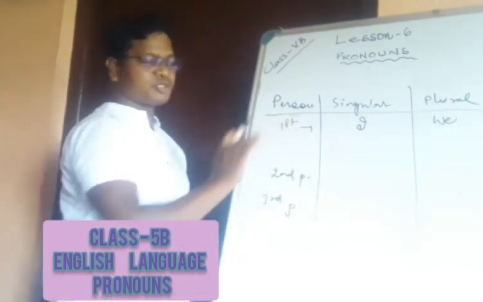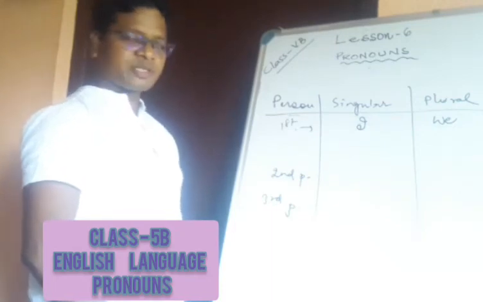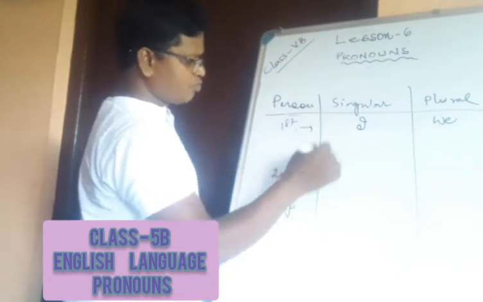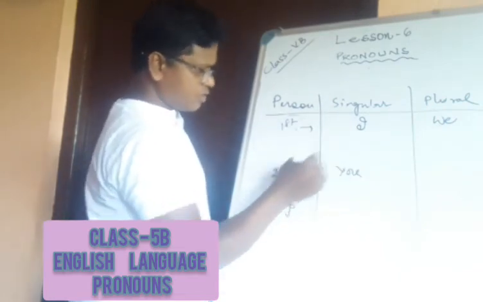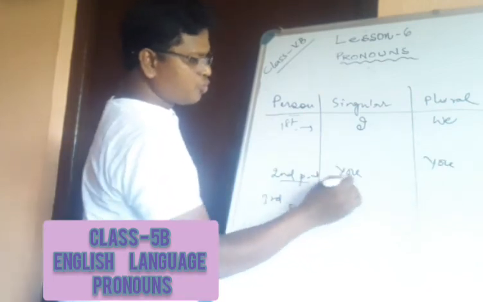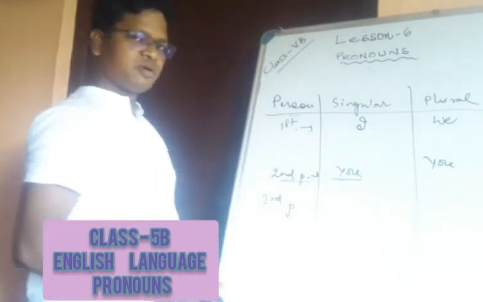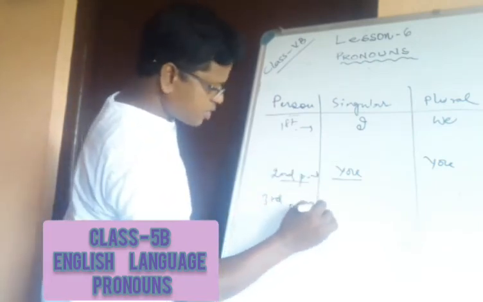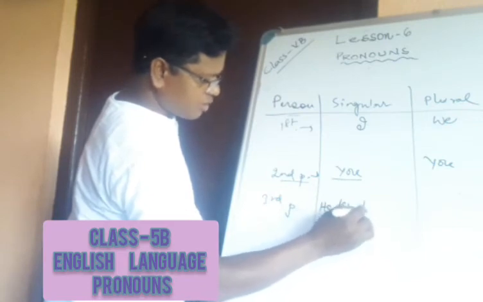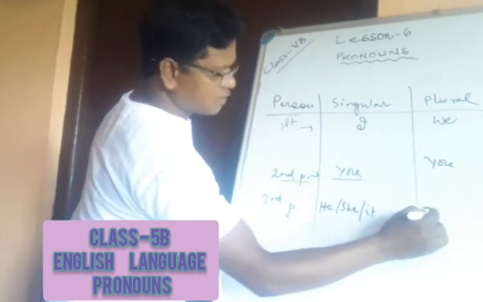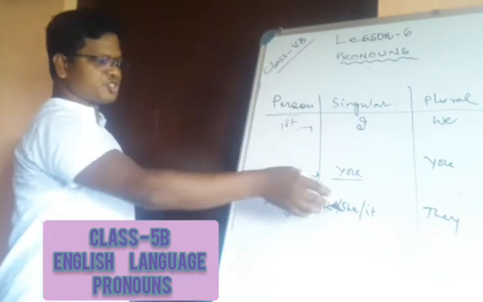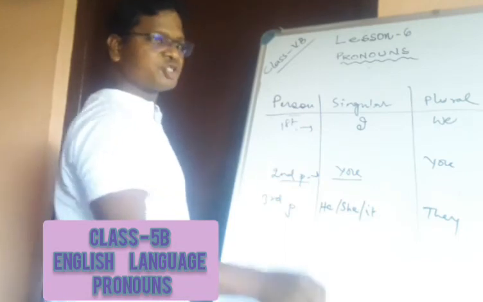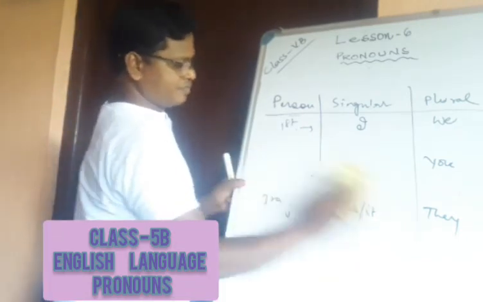I'm telling you so that you don't have any difficulty in doing exercise A. Second person singular is "you" and second person plural is "you". Here "you" refers to singular, meaning one, and on the other side, "you" refers to plural, that means many. And third person singular is "he, she and it", and plural is "they". So this is the chart. Please remember this and try to do the exercise which I have already shown you, that is question number A.